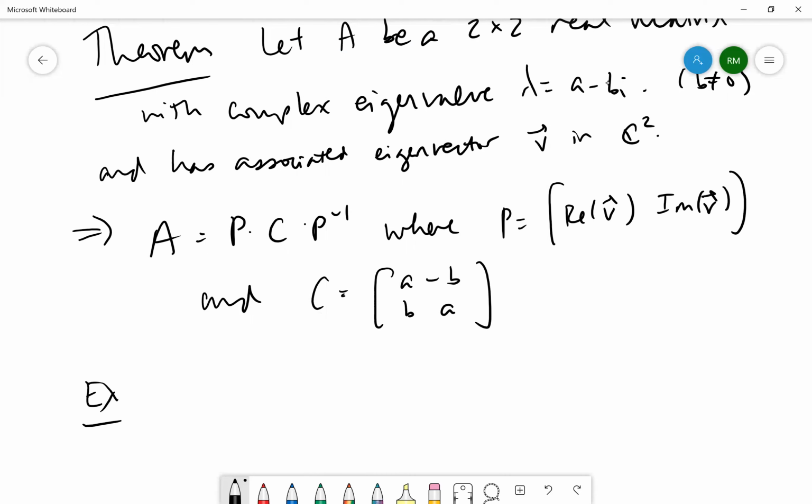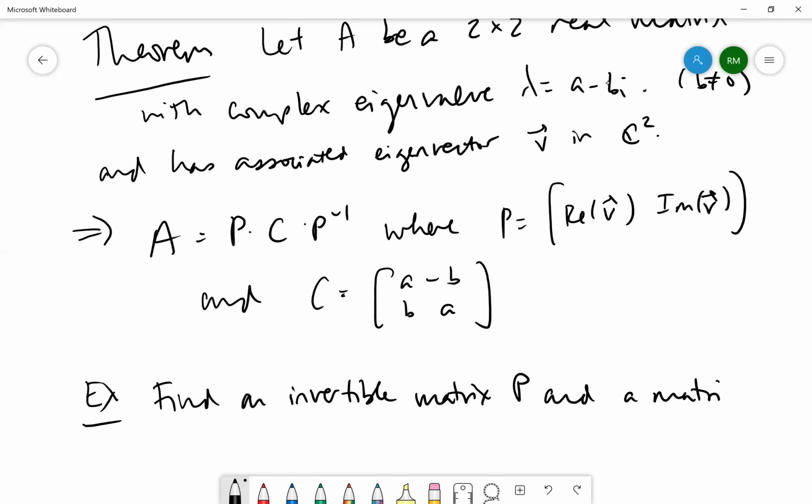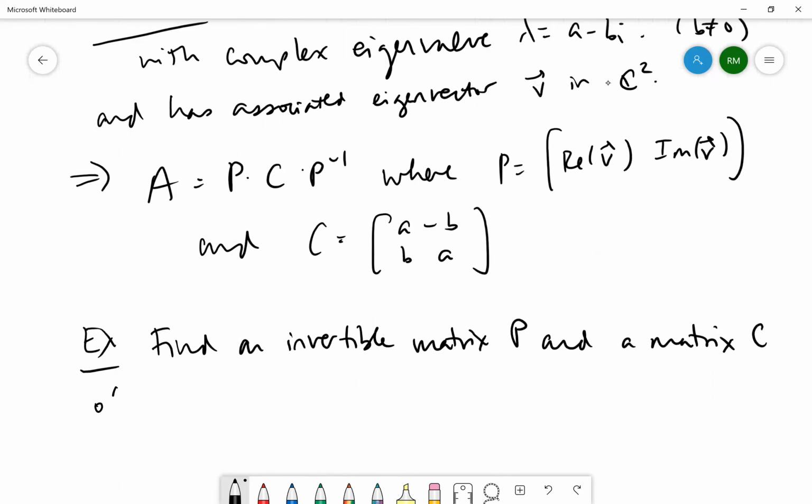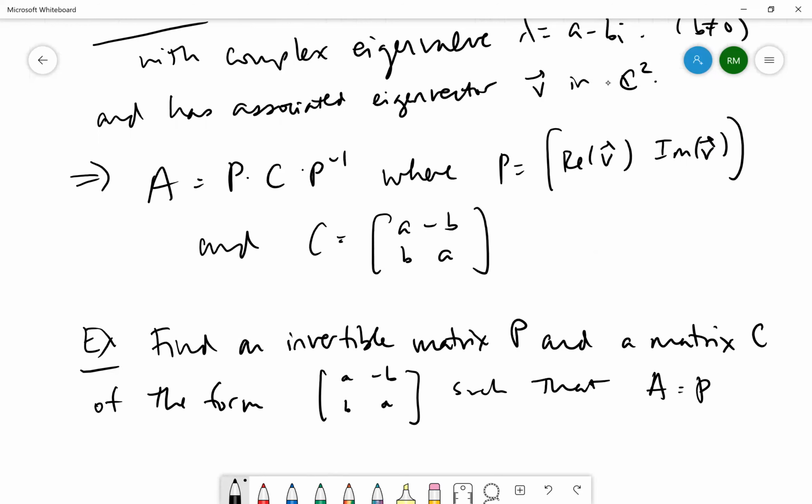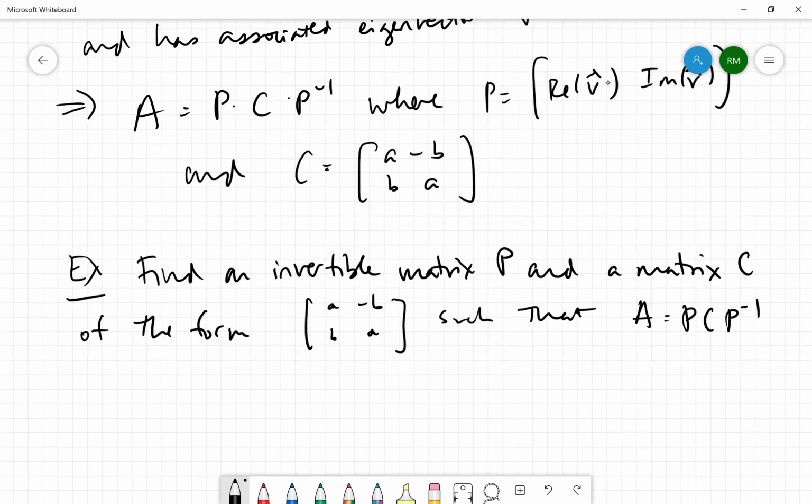I want you to find an invertible matrix P and a matrix C of the form [A, negative B; B, A], such that A is P C P inverse.